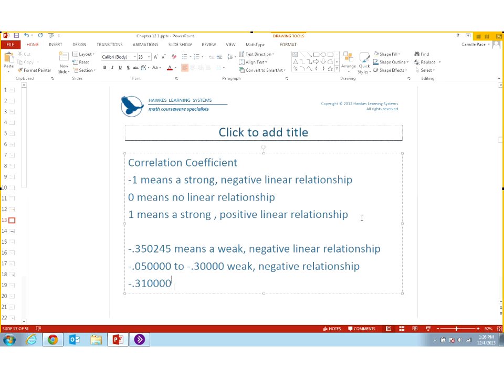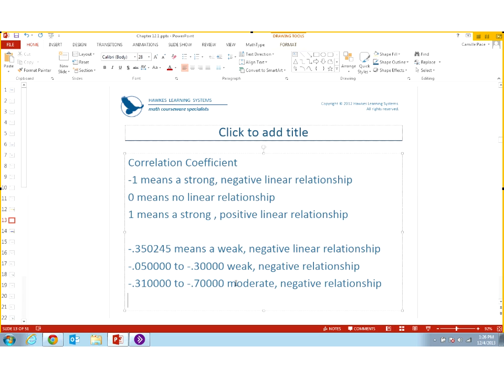-0.31 to -0.700, sorry, let me keep putting that negative in there, would be a moderate negative relationship.